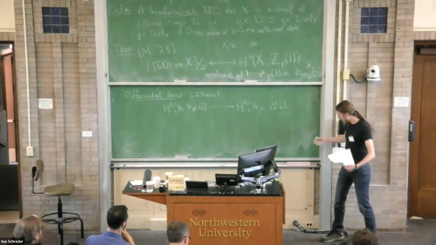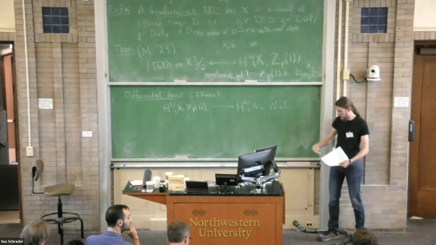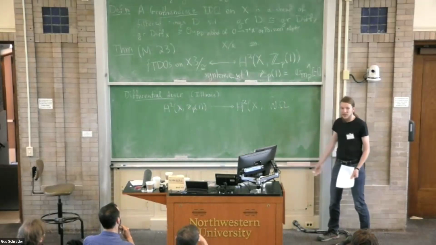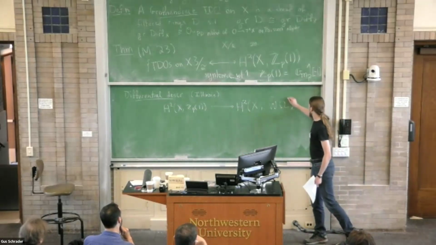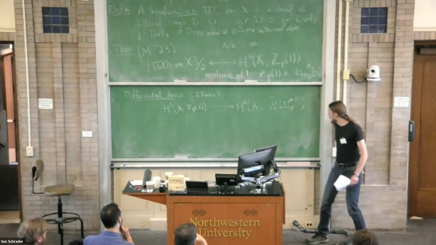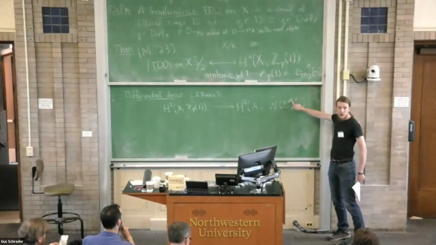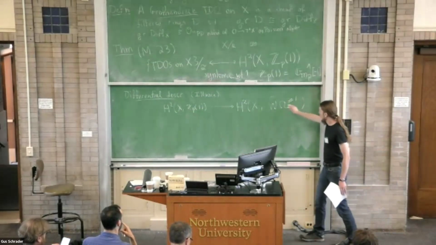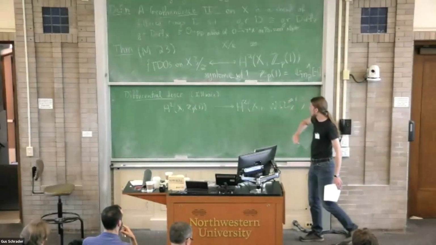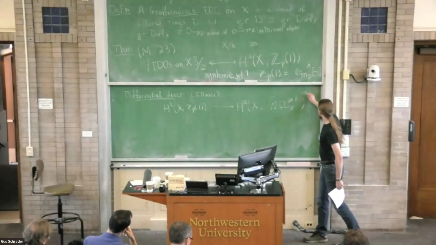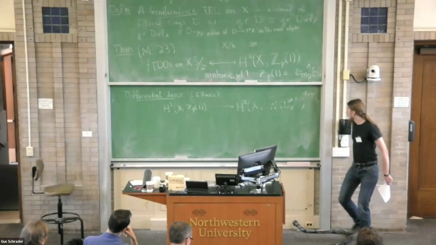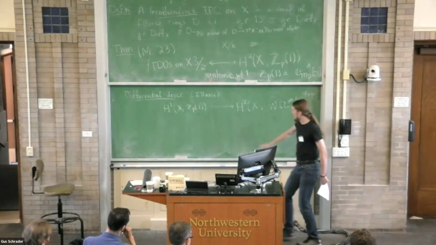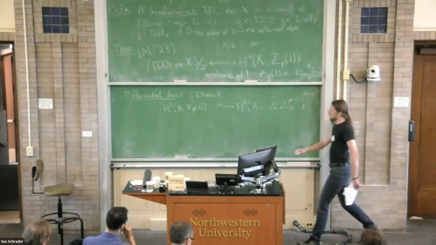So now instead of X, you can think maybe X is over k, but now I'm looking at some lift of X over the p-adic numbers. And again, I have to take forms of degree greater than or equal to 1. So it maps into here, and the image is exactly the subspace where the crystalline Frobenius acts by weight p. And it turns out that this is an isomorphism.